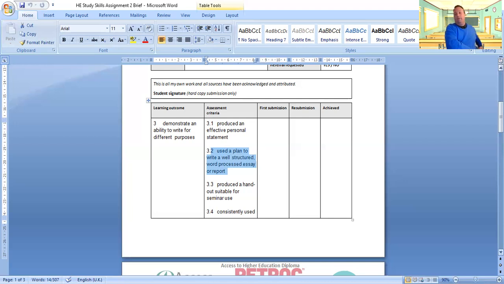So first of all, if we take the difference between analysis and evaluation, in fact, I'll add another term, which is description.